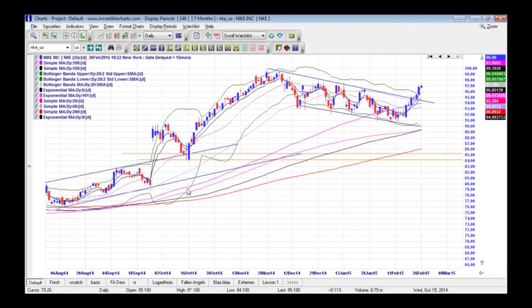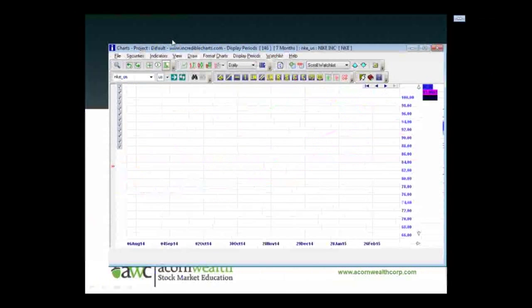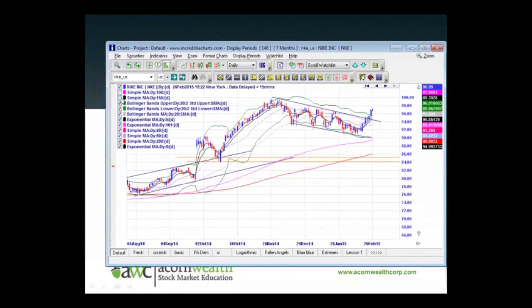So we go back and have a look at, say, October on. What was the stock doing? Well, the entire period from here right up to the peak. Let me take some of these other averages off just to clean the chart up a little bit.